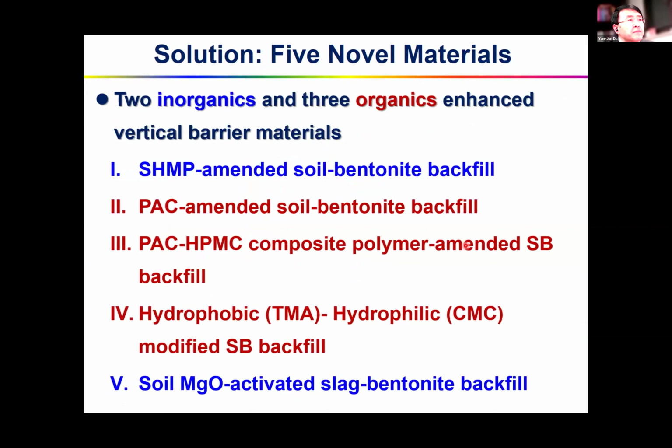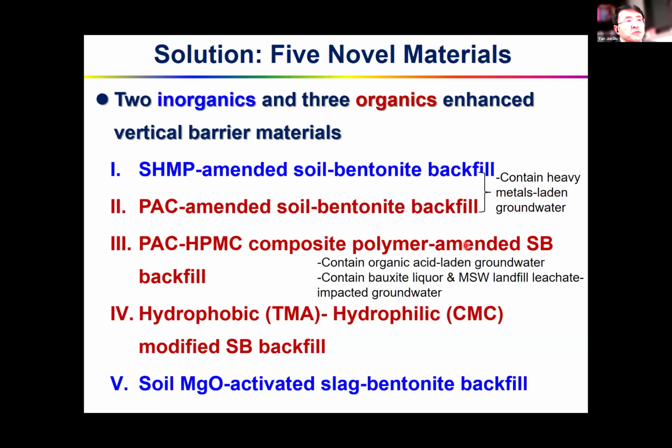Number one and number two are inorganic enhanced vertical barrier materials. Number three, number four, and number five are organic polymer enhanced SB backfills. Numbers one and two are proposed to contain heavy metals in groundwater.